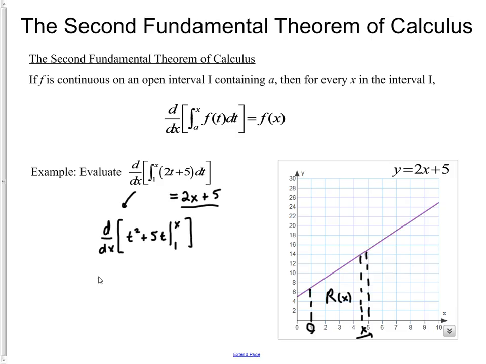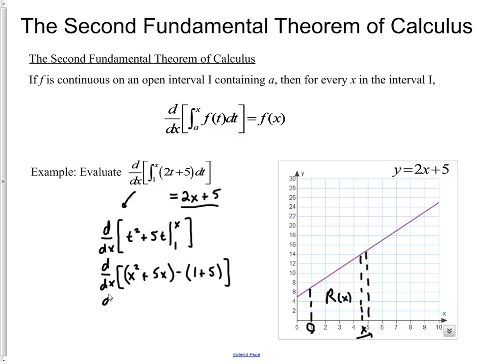And that's going to give us a function. Let's see what function. Well, we're going to take the derivative with respect to x of this quantity. And this will be x squared plus 5x minus the quantity 1 squared plus 5 times 1.